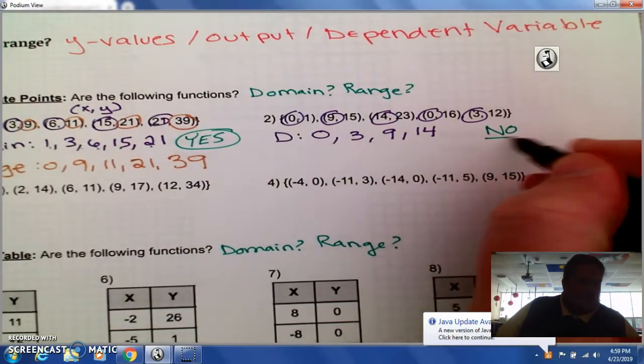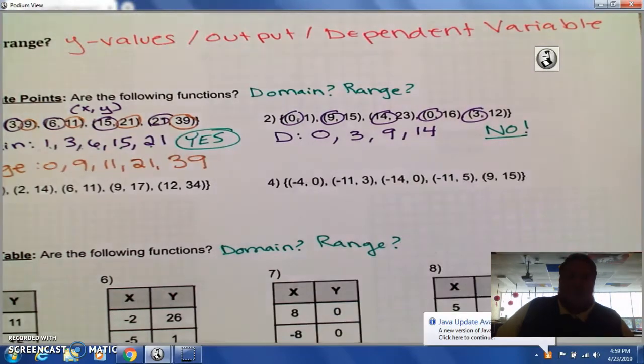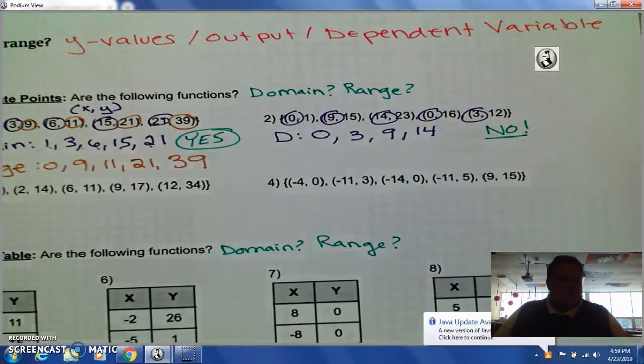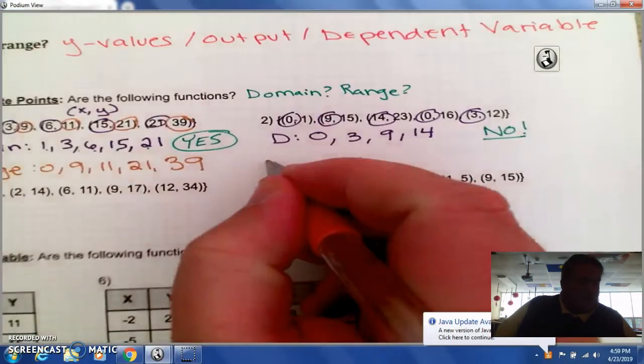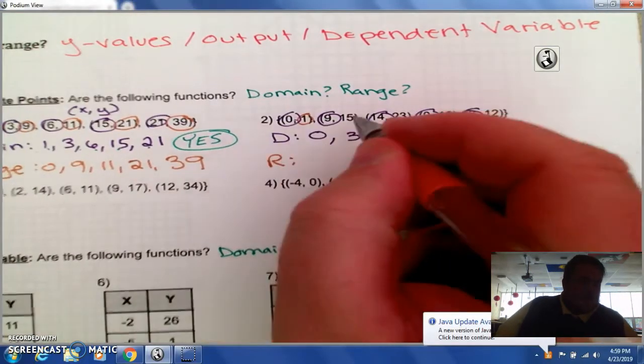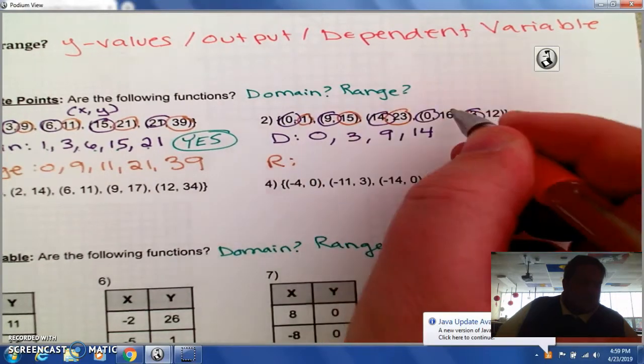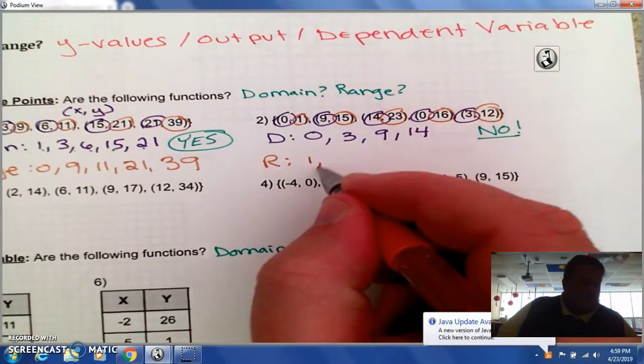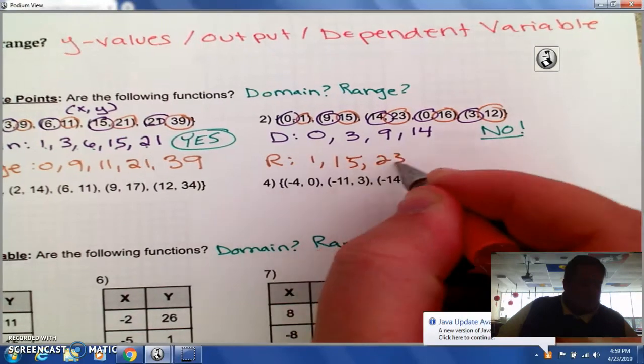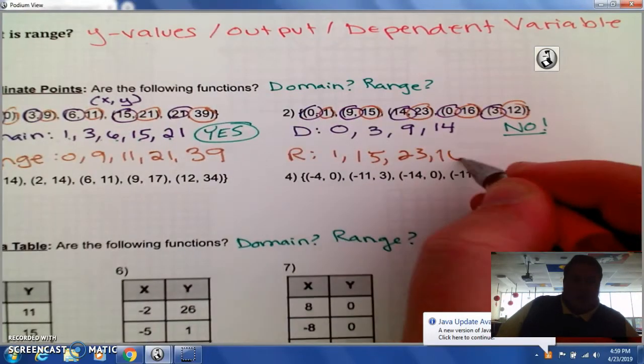Okay, remember, I can only have the number appear one time. Okay, and so the range would be all the seconds, so 1, 15, 23, 16, 12. And that can repeat itself, and it can still be a function.